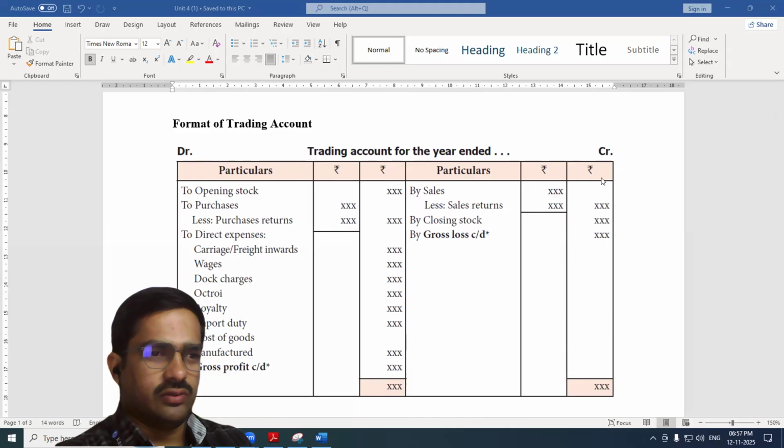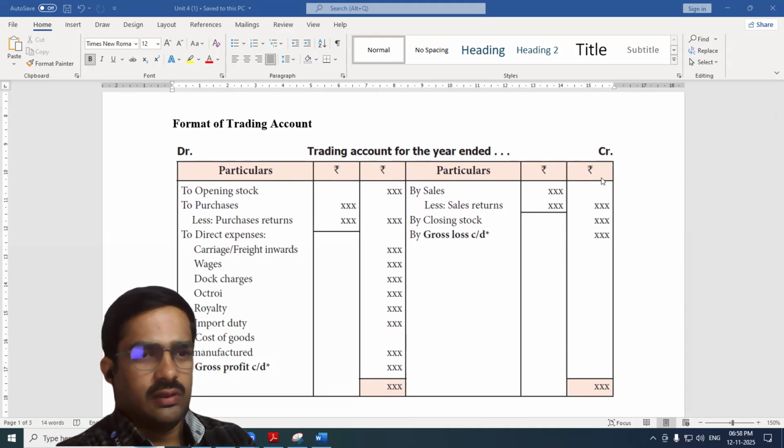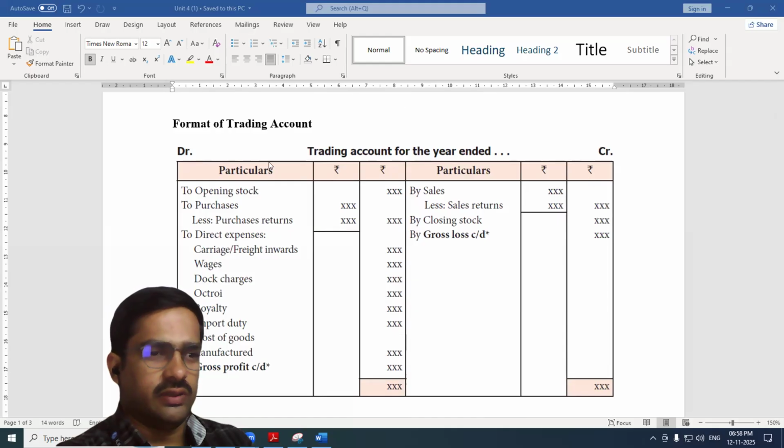The trading account records only production-related items like purchases and sales. The expenditures we are going to record on the debit side.